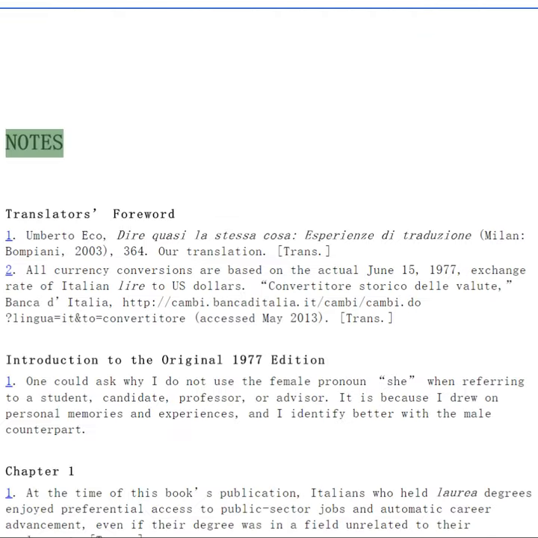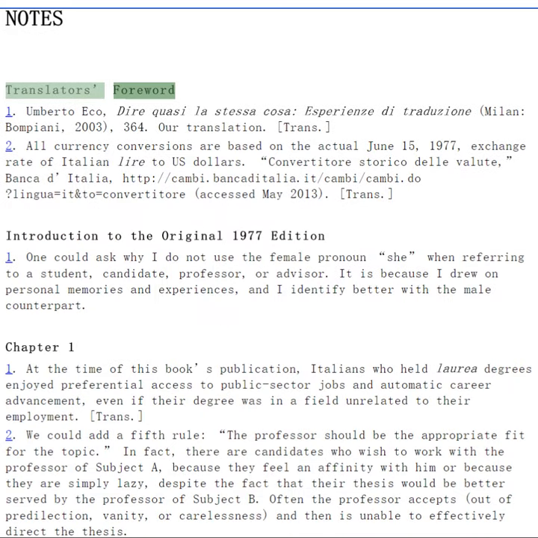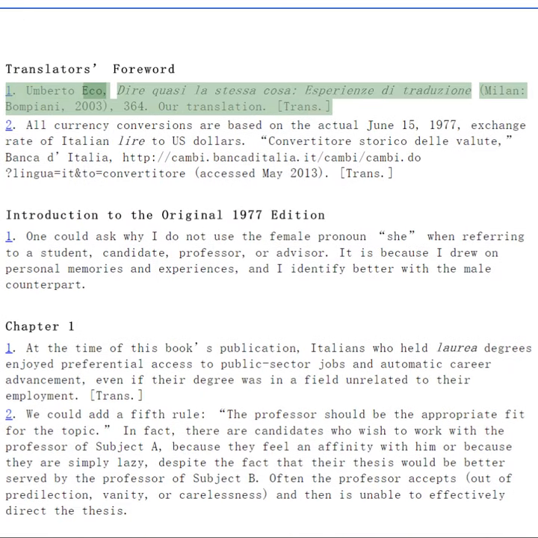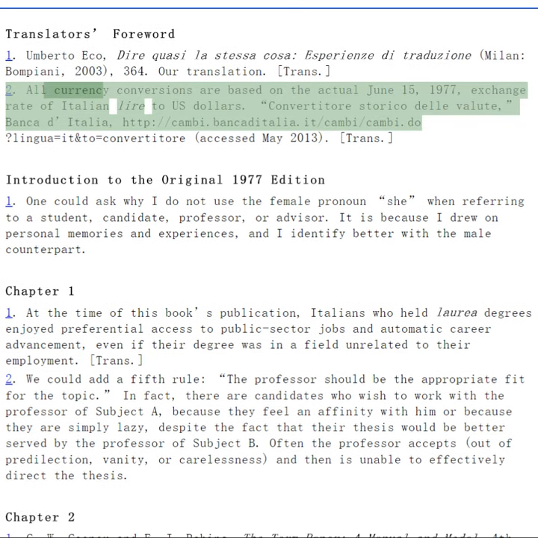Notes. Translator's foreword. 1. Umberto Eco, Dire quasi la stessa cosa: Esperienze di traduzione, 364. Our translation. 2. All currency conversions are based on the actual June 15, 1977, exchange rate of Italian lire to US dollars.